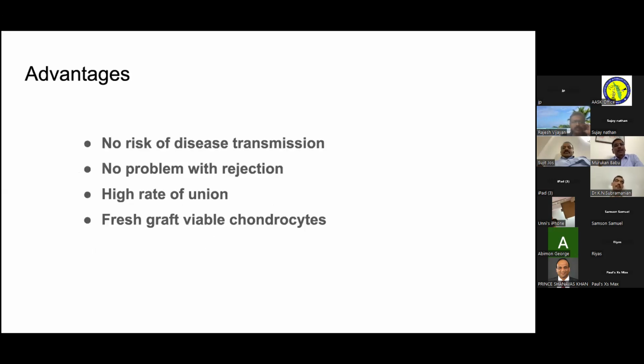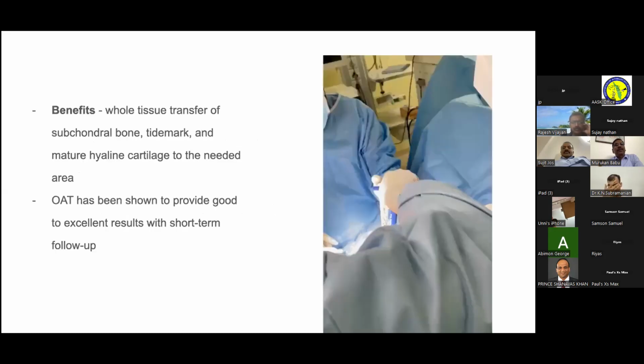The advantages are there is no risk of disease transmission, there is no problem with rejection, and a higher rate of union and fresh graft with viable chondrocytes. The benefits: the whole tissue transfer of subchondral bone and mature hyaline cartilage to the needed area. Autograft transfer has been shown to provide good to excellent results with short-term follow-up.